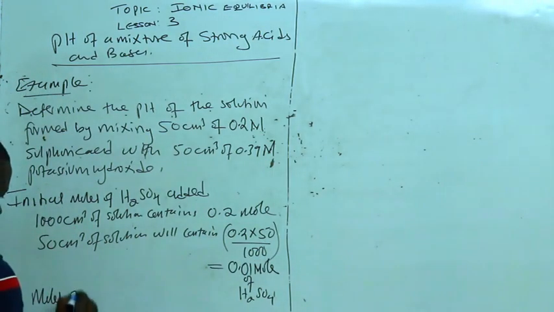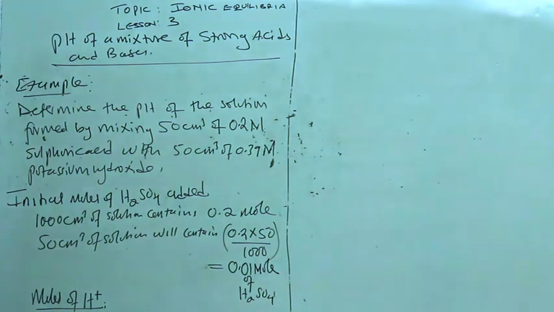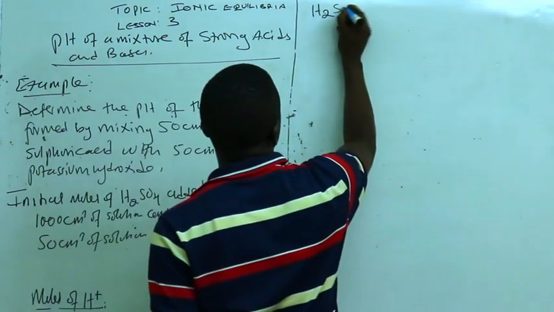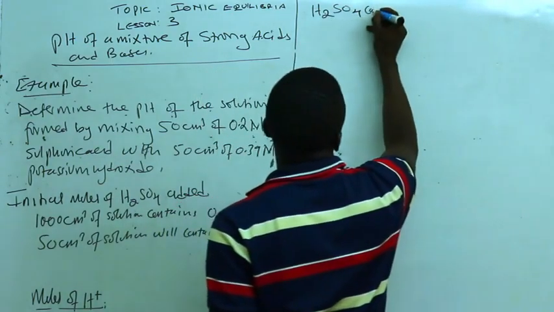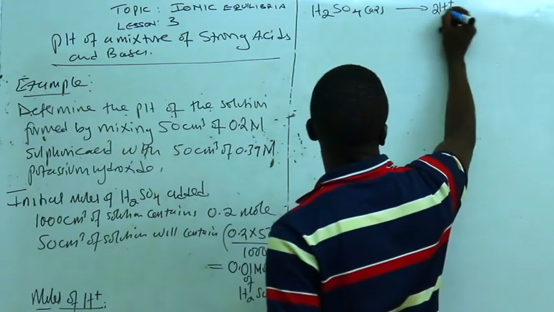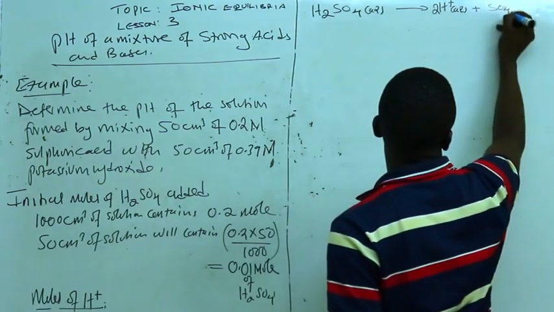We could look at the ionization of sulfuric acid. When sulfuric acid ionizes, it would give us 2 moles of hydrogen ions and the sulfate.